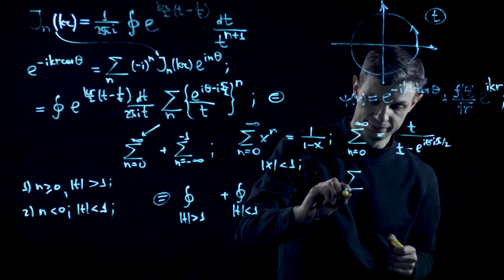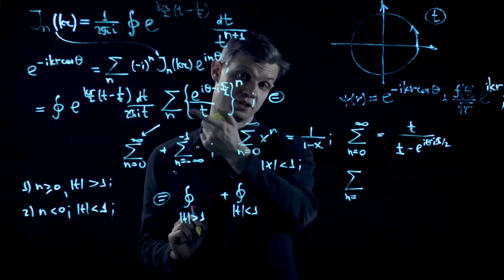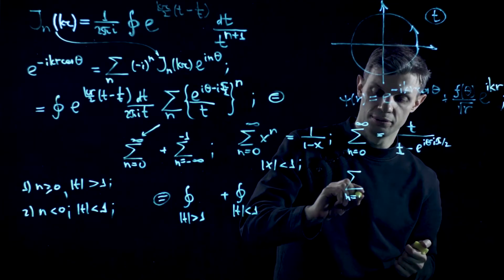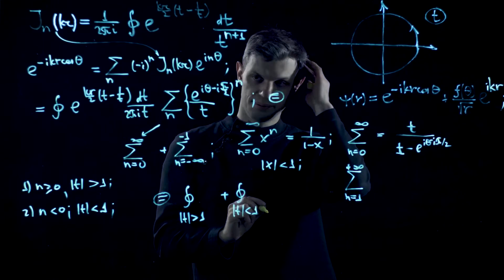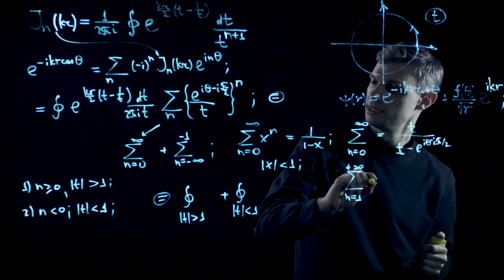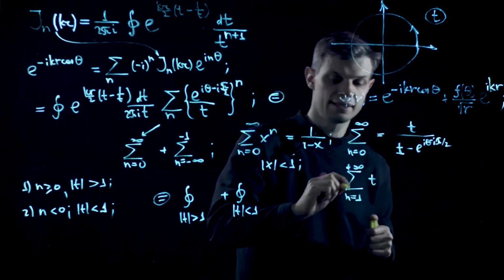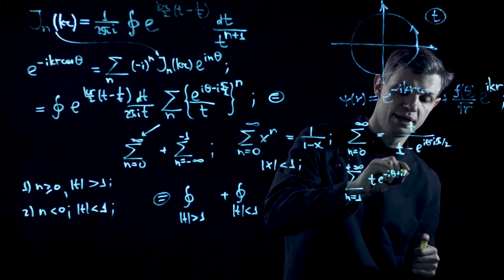And the second sum, well, actually, let's change n to minus n. So n runs from 1 again to plus infinity. But this time, the general term is t times e to minus I theta plus I pi by 2.